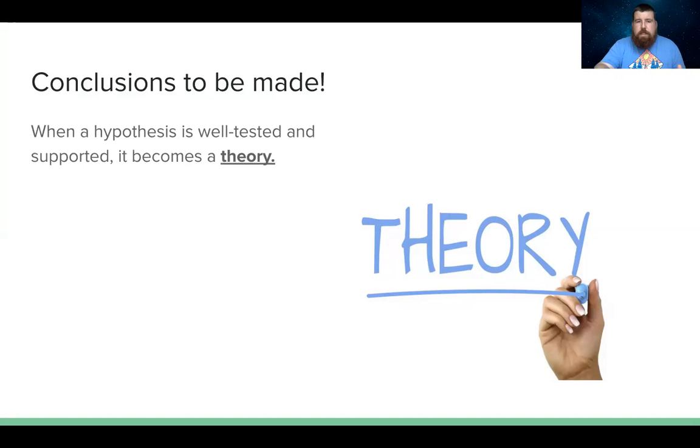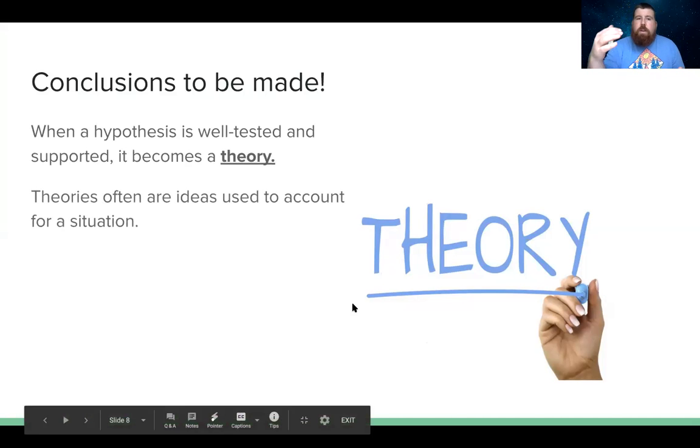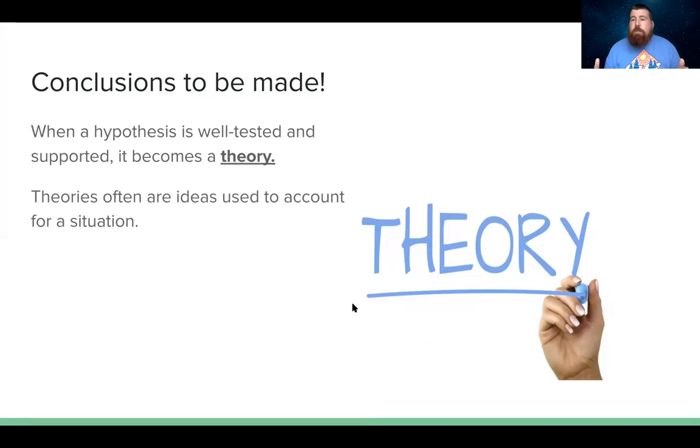A theory, once again, as stated right here, is a well-tested and supported hypothesis. Theories are often used to account for situations, and they're generally assumed to be true. They're assumed to be true because no matter how many times we slowly manipulate and change our experimentation, our original hypothesis was held up.